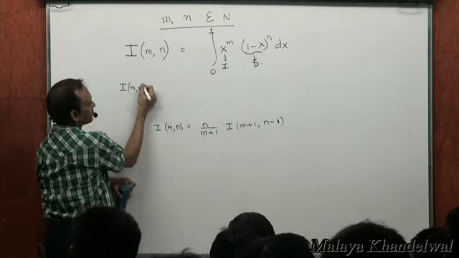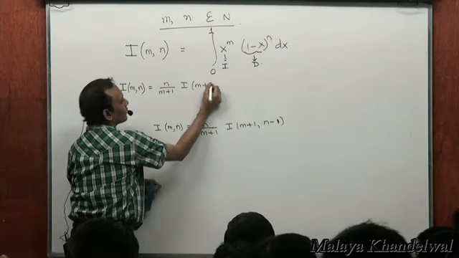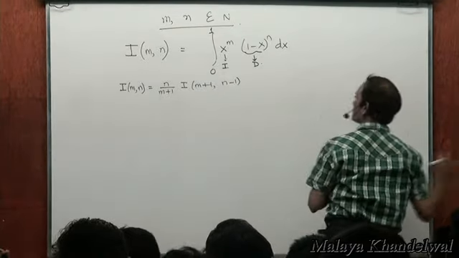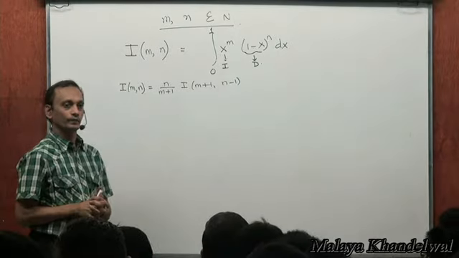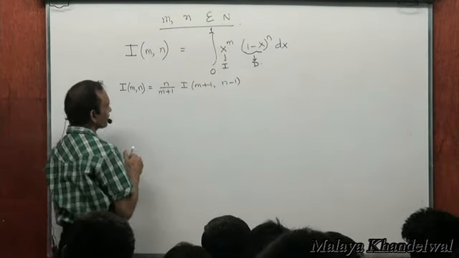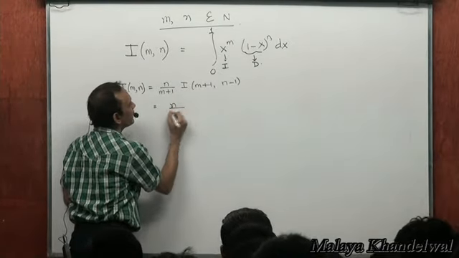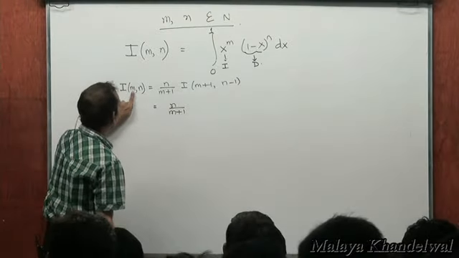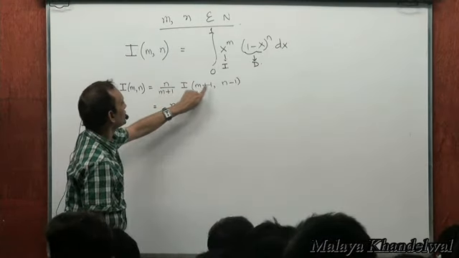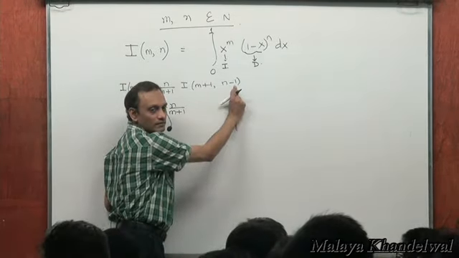I m n is n by m plus 1 times I m plus 1, n minus 1. That is the reduction formula. So this is also I m plus 1, n minus 1, right?